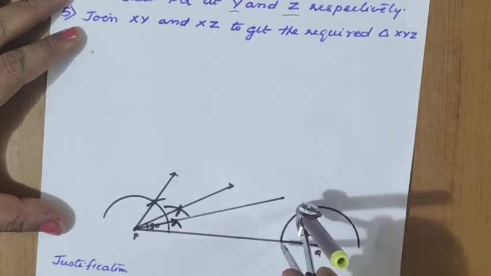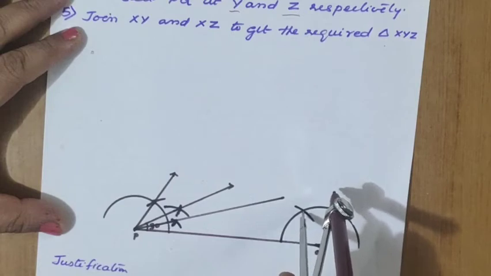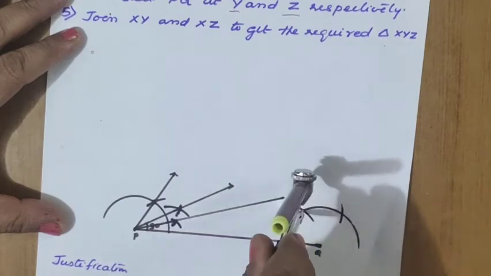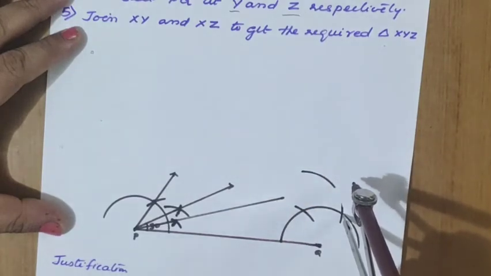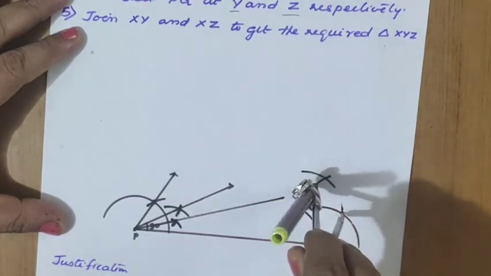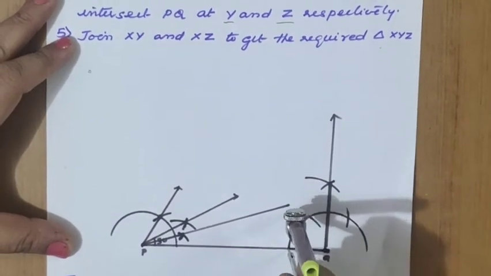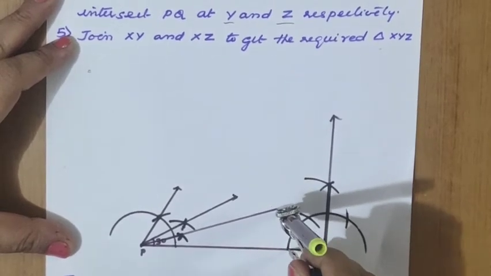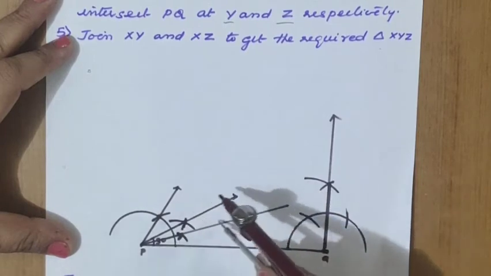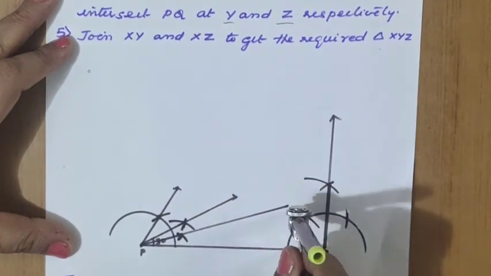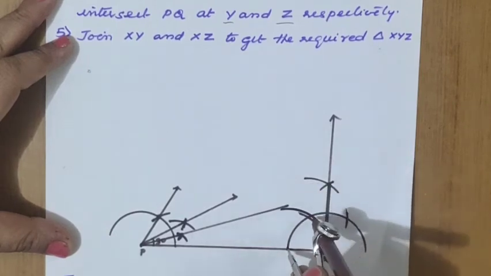From here, first arc, again the second, here also, actual angle is 90 degrees, so angle bisector to be done. Last time the actual angle was 30, then bisection to be done, that is this line, right? Similarly here also we have to do the angle bisector of 90 degree.